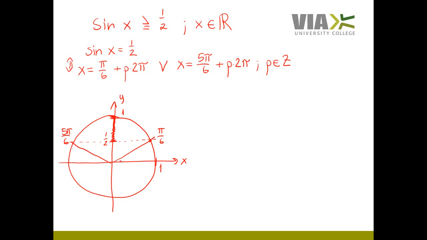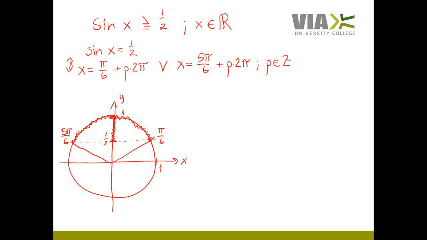And so you can also see over here, if you have an angle which is smaller than pi over 6, then the corresponding sine value will be smaller than 1 over 2. So we can actually see that it's all these angles here going from pi over 6 and up to 5 pi over 6, which will give me sine values greater than or equal to 1 over 2.